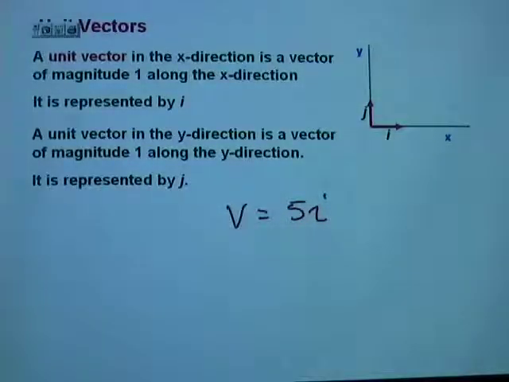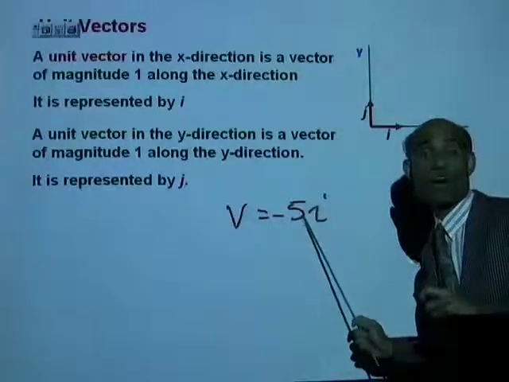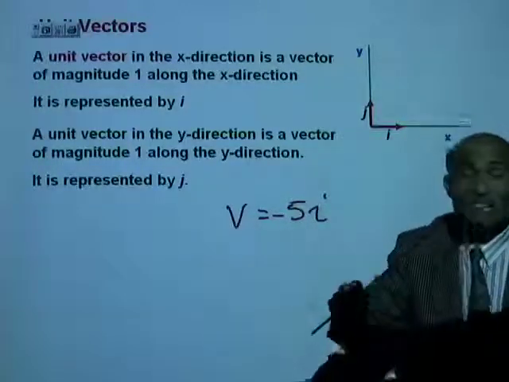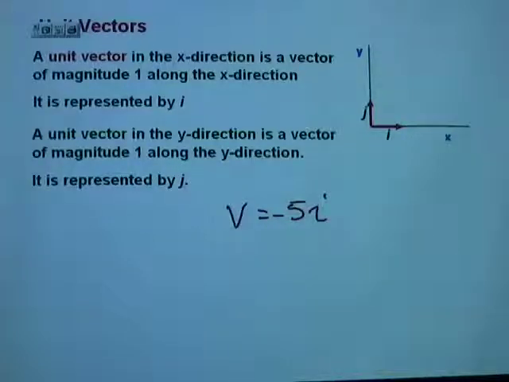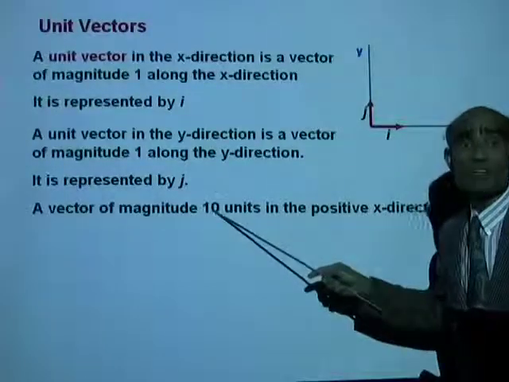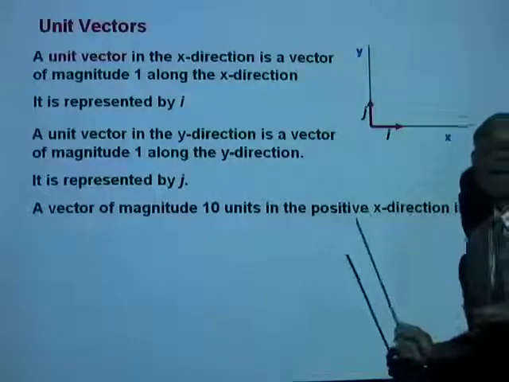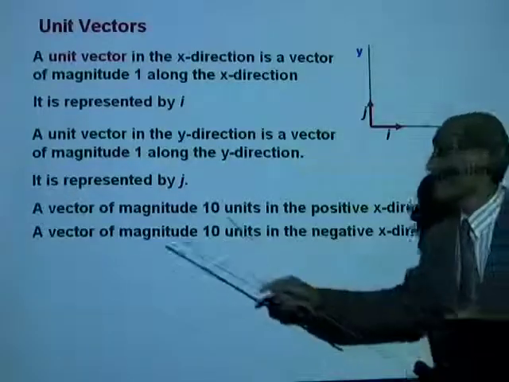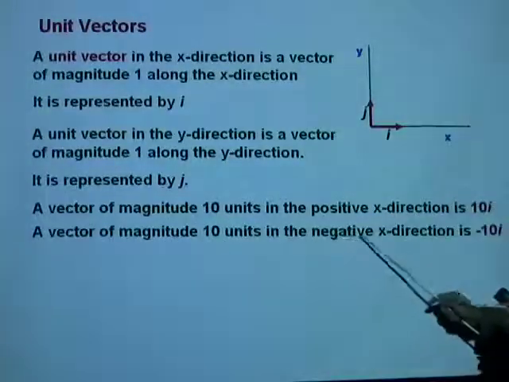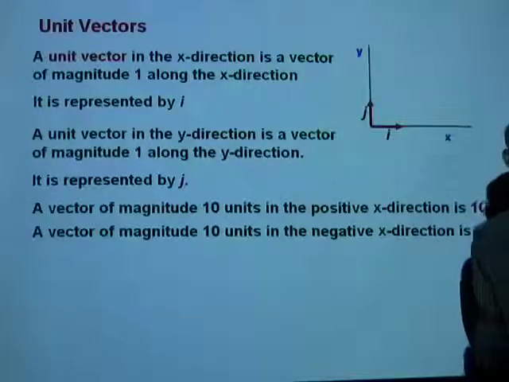Alright, what does v equal to negative 5i represent? This is a vector of magnitude 5 in the negative x direction. Okay, we will be using all these concepts as we go on. A vector of magnitude 10 units in the positive x direction is 10i. A vector of magnitude 10 units in the negative x direction is negative 10i.